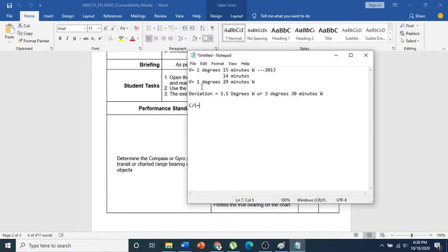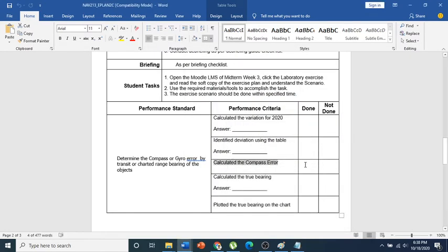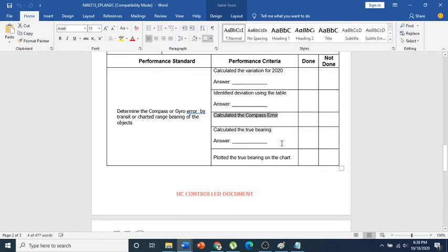In this case, variation is 1 degree 29 minutes and the deviation is 3 degrees 30 minutes. Adding the two, we have 4 degrees 59 minutes, same name because both are west. So this is the compass error.